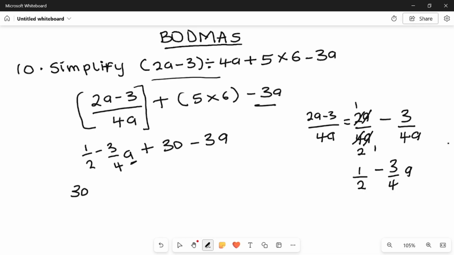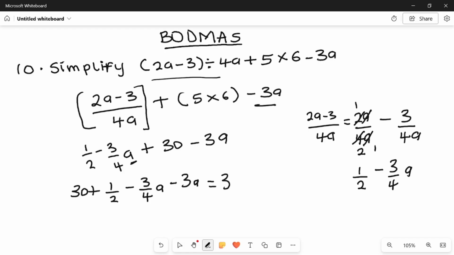30 plus 1 over 2. We have minus 3a here and we have minus 3 over 4a. So let's write it minus 3 over 4a minus 3a. So 30 plus 1 over 2, that's 30 and a half.